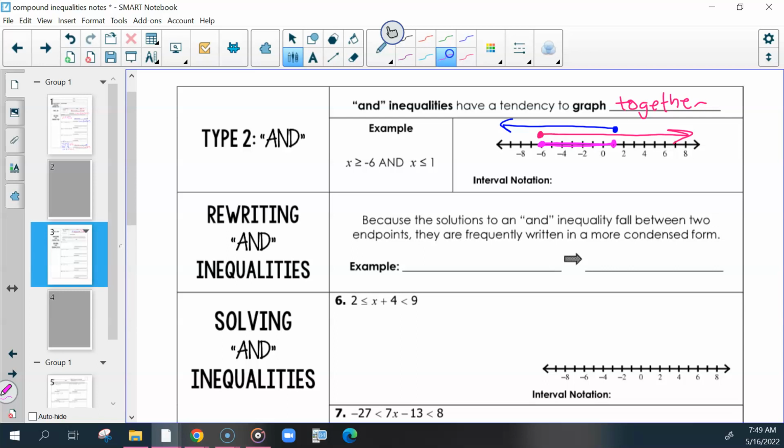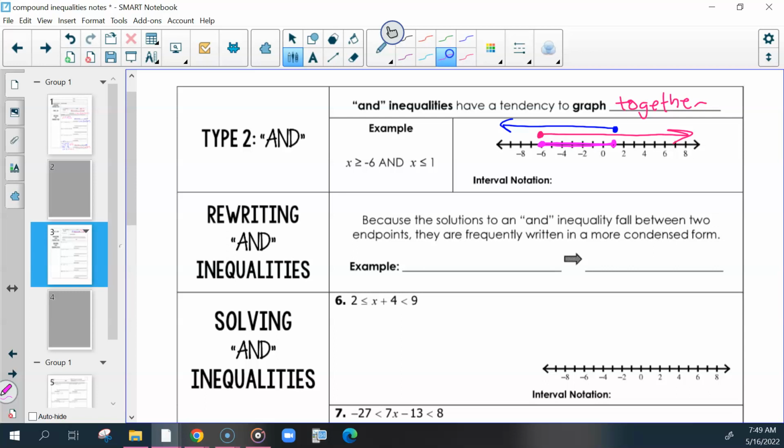So when we look at our interval notation, we're really just looking at this piece, not the entirety. So where would this start? Where would this end? If we're looking at just this, I'm going to jump out of pink.